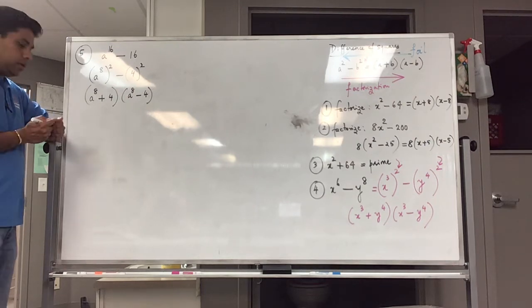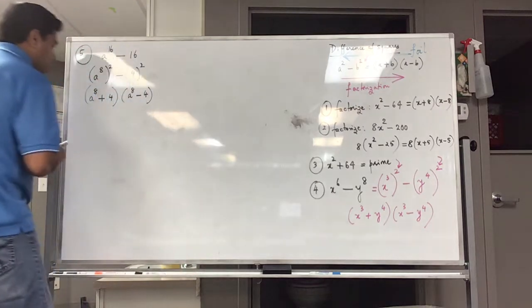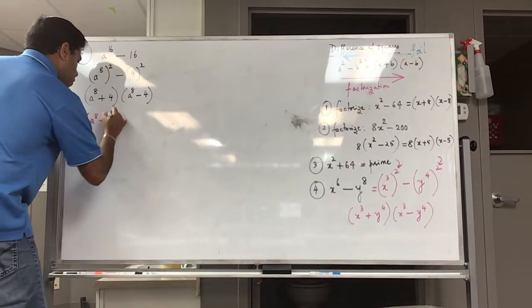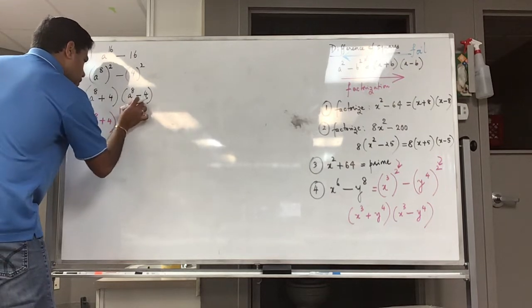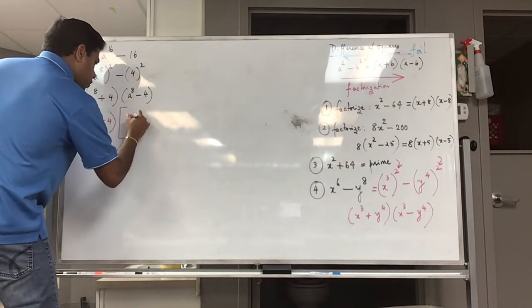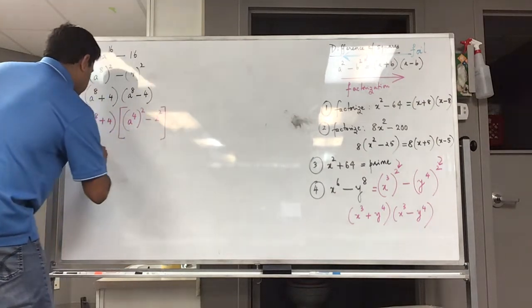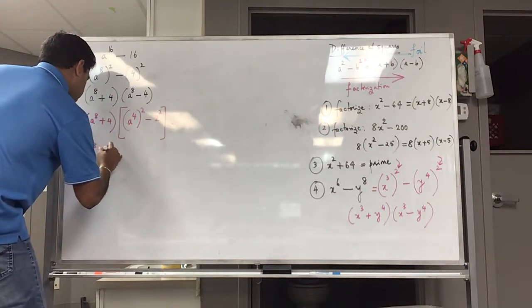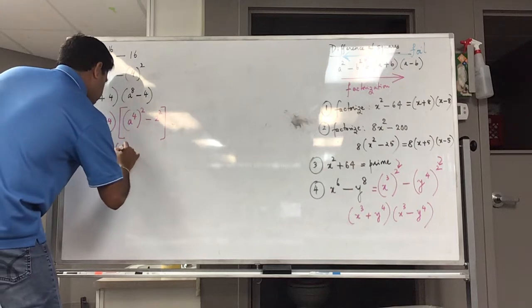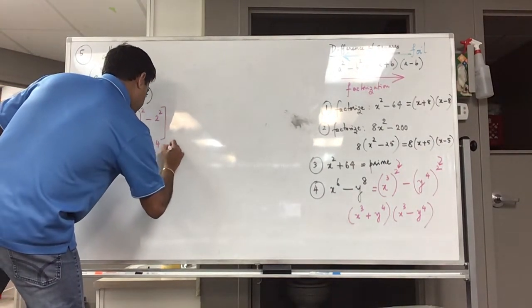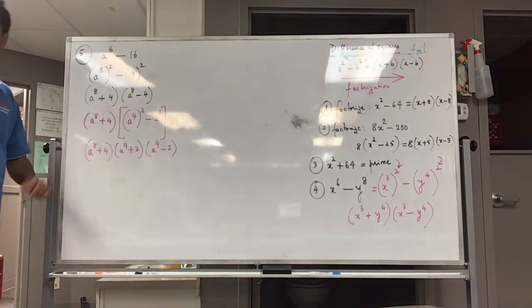Here's what happened. a raised to 8 plus 4. This is still a perfect square. That's your answer.